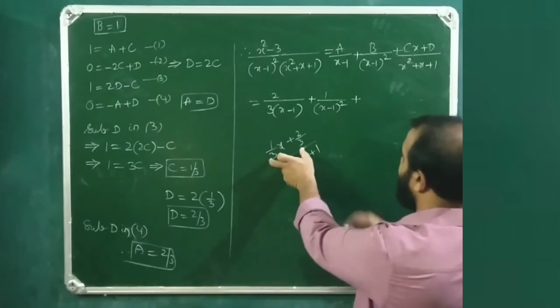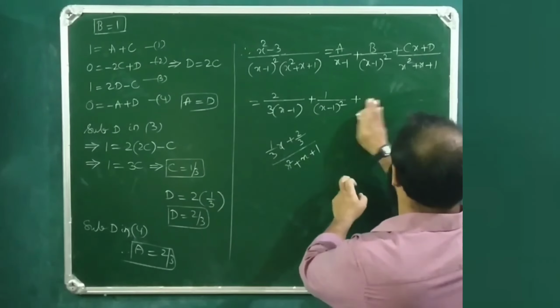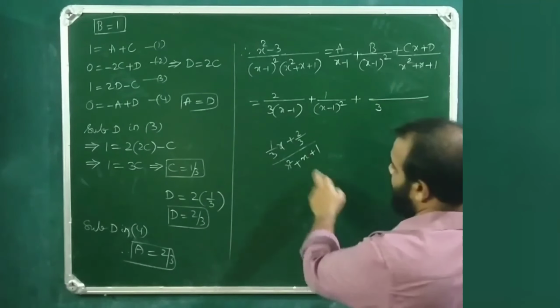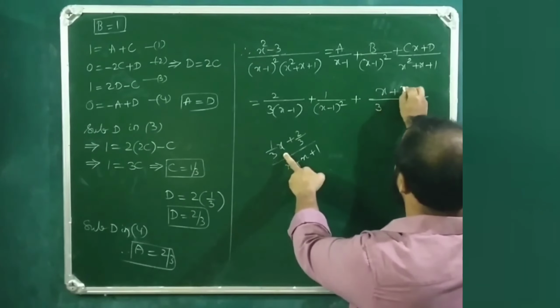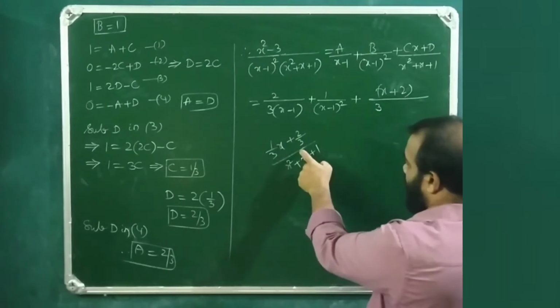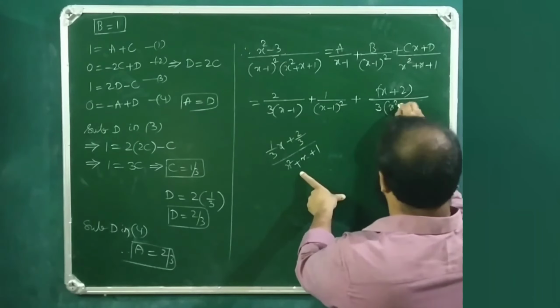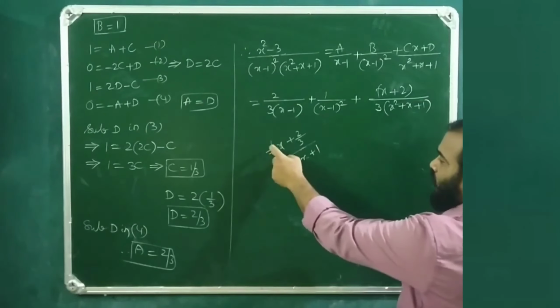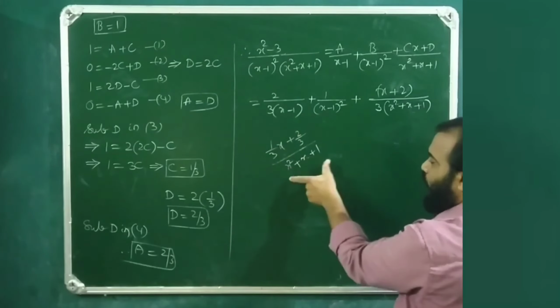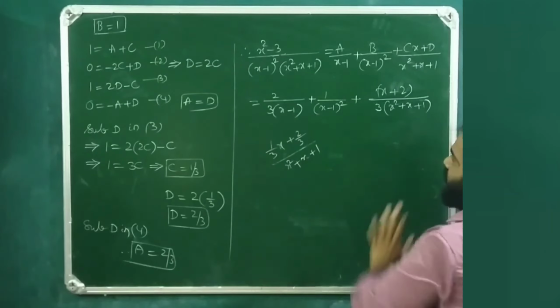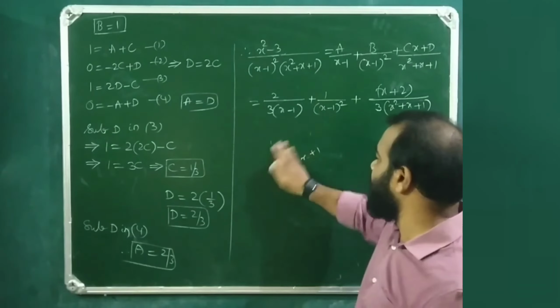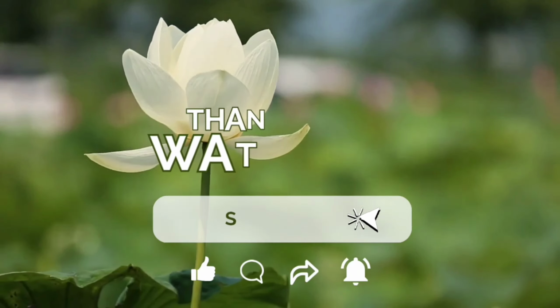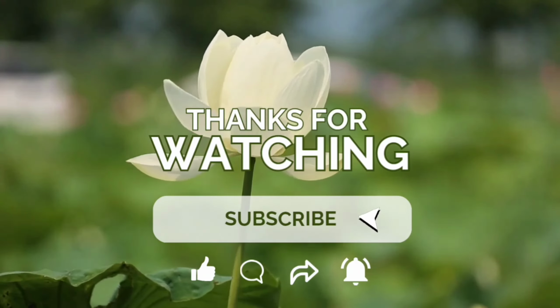So take 3 as LCM. Then we'll get (x + 2) by 3 into (x² + x + 1). So I have taken 3 as LCM. So this is the answer.